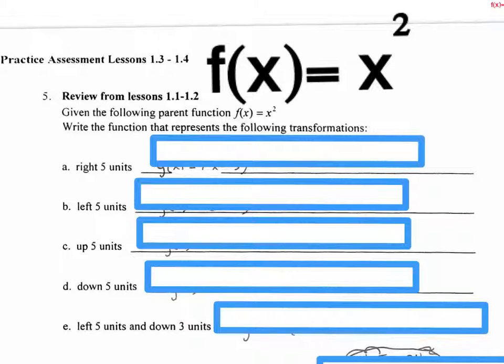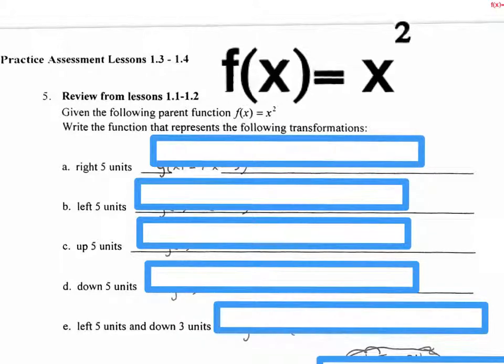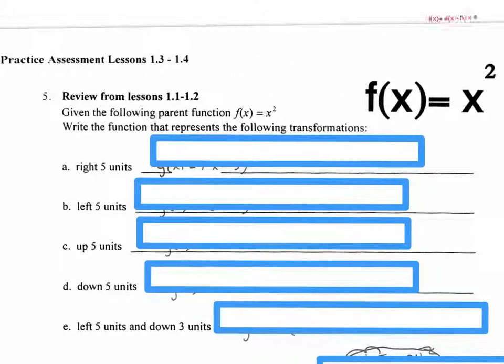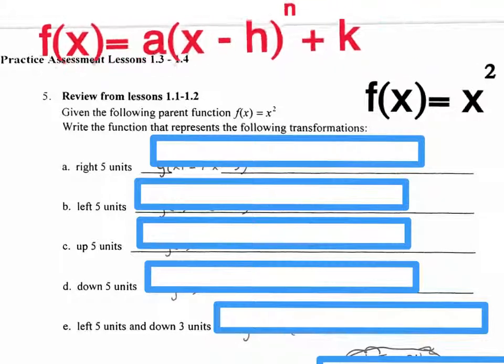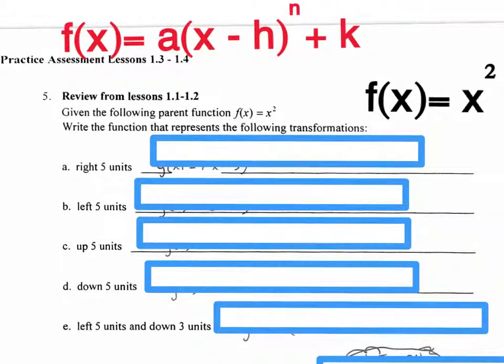So in order to be able to do all that, you need to have the general form ready. Okay, and that's the general form right there. And I hope you guys remember that the A value tells you your vertical stretch, your H value tells you a left or right shift, but you have to think opposite because of that minus sign.